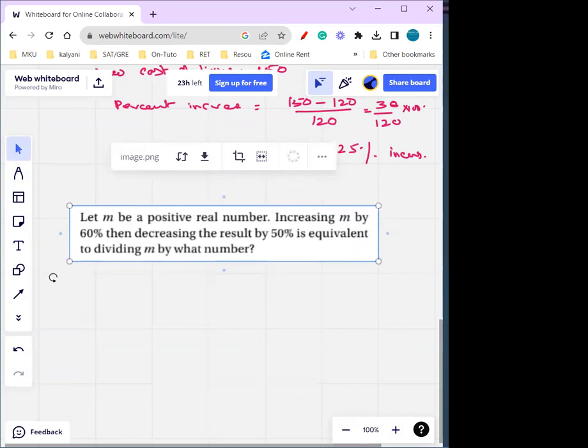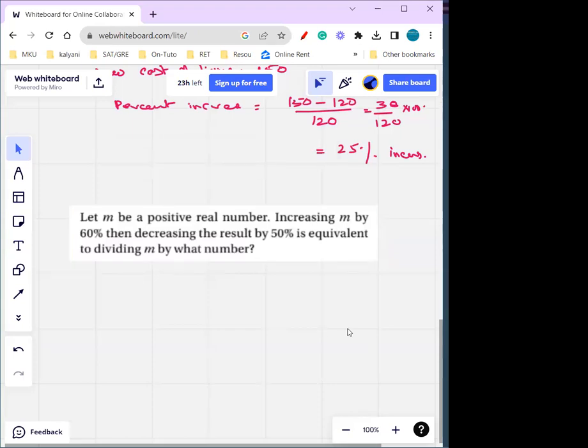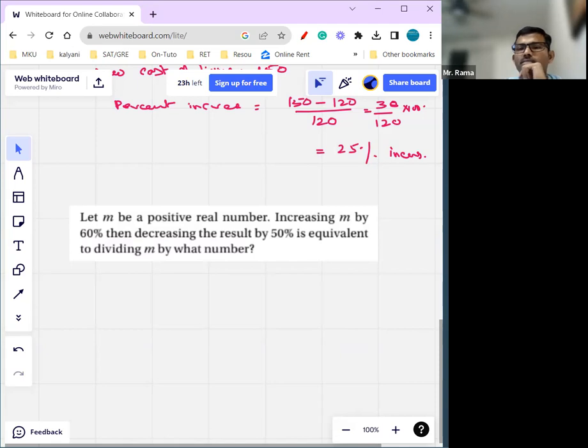Let m be a positive real number, increasing m by 60%, then decreasing the result by 50% is equivalent to dividing m by what number? I think we did this problem last time, but let's see if you remember this. Just give it a try, and if not, I'm going to go quickly. I started this one last time, but then we didn't finish it.